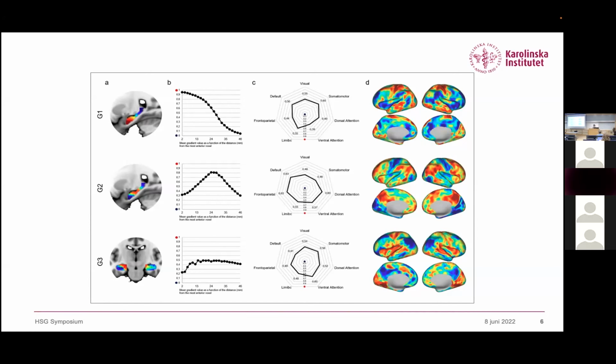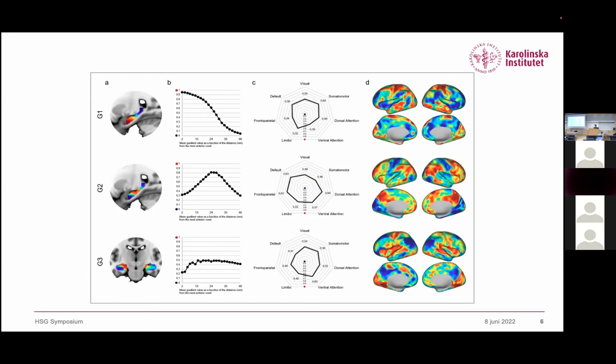All right, so I was just about to talk about these 3 gradients that we identified in our adult lifespan sample. The first gradient showing this gradual anterior to posterior variation in connectivity patterns across the hippocampus, whereas the second gradient was also a longitudinal axis gradient, but instead showing variation in connectivity from middle parts of the hippocampus spreading towards the anterior and posterior ends.